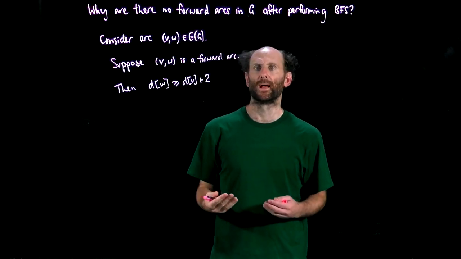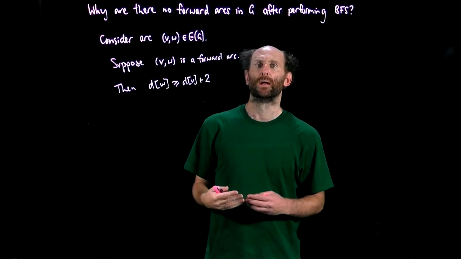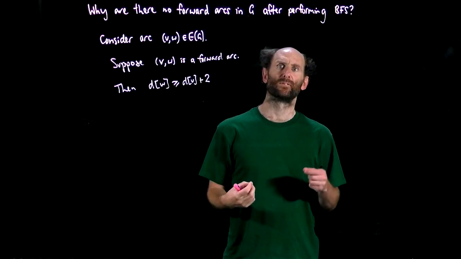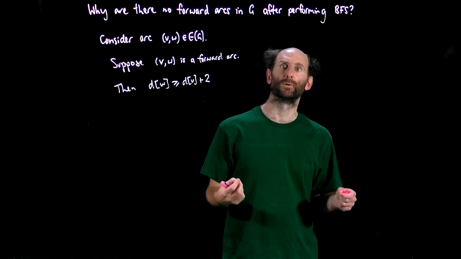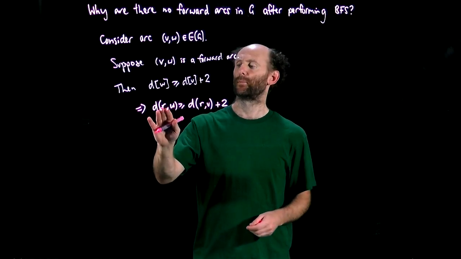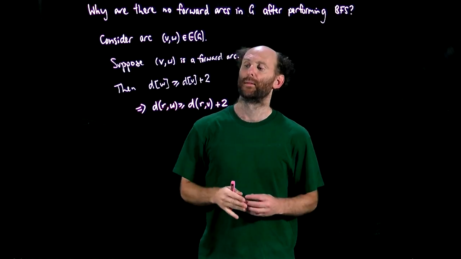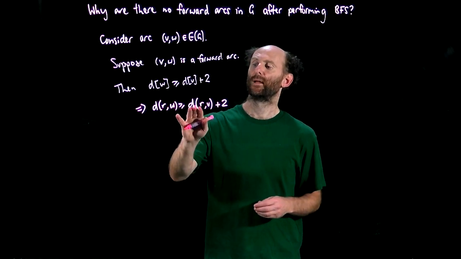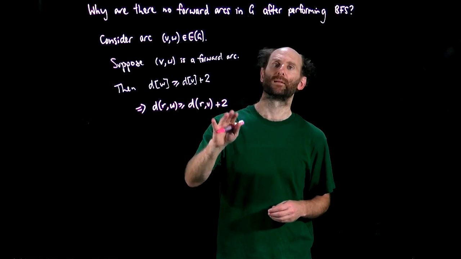Using the result that dW is the distance from the root to W in the graph, the distance from the root R to W in the digraph is at least the distance from the root to V plus 2.